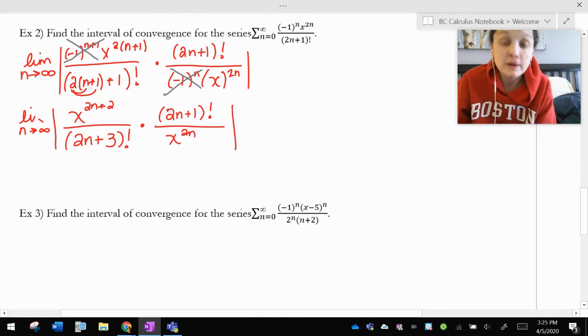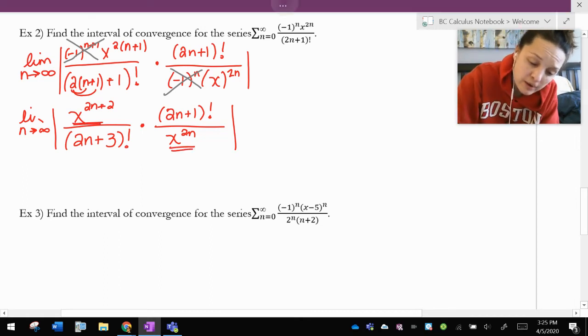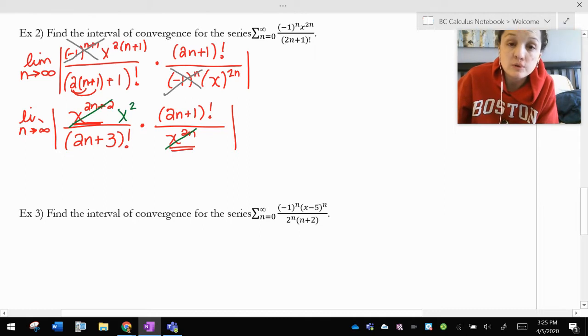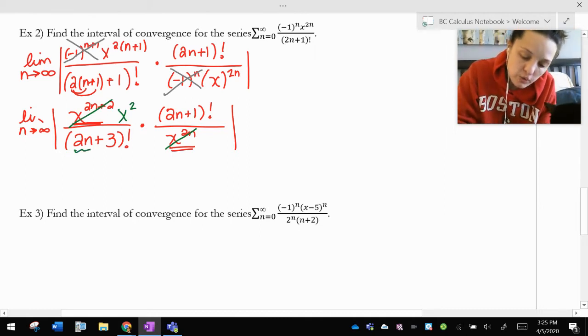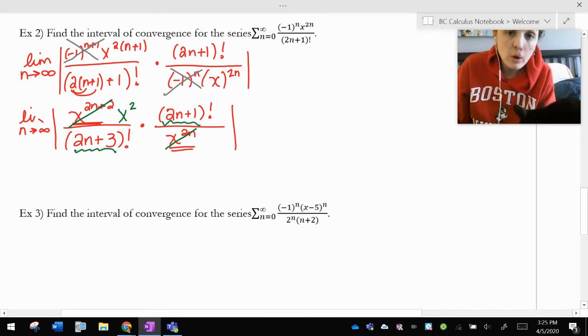Now to simplify and divide: x to the 2n plus 2 is 2 exponents higher than x to the 2n. So these are going to divide, leaving an x squared. Those divided by each other leaves an x squared. Here's the weird one. 2n plus 3 is 2 higher than 2n plus 1.